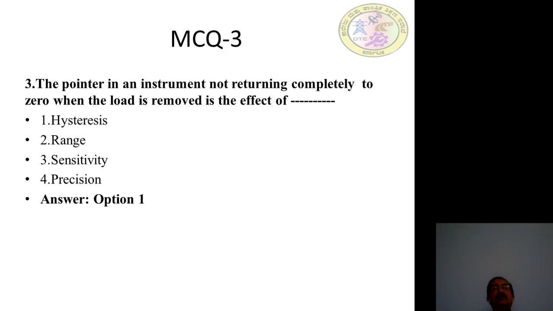For example, if you are measuring voltage with a voltmeter, you give an input, and the pointer shows some reading on the dial gauge. After disconnecting, or when you take out the load, the pointer has to come back to 0. Otherwise, what is this effect? The options given: hysteresis, range, sensitivity, precision. The answer is 1, hysteresis.